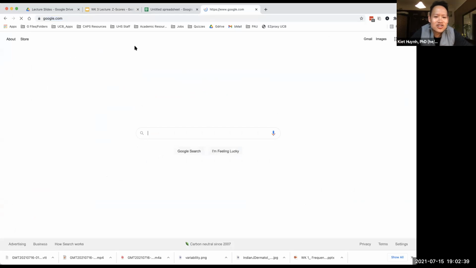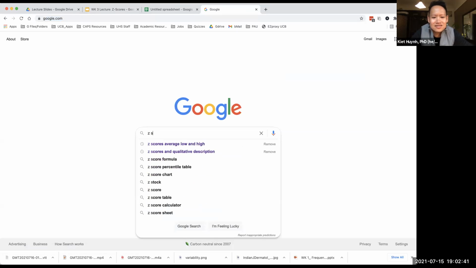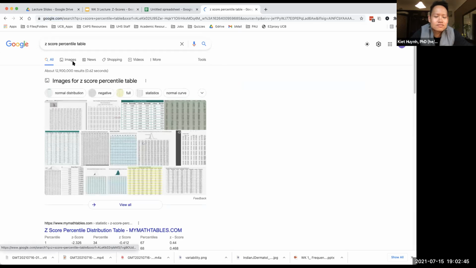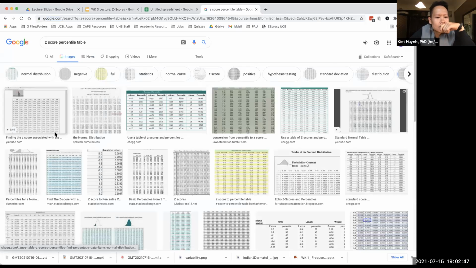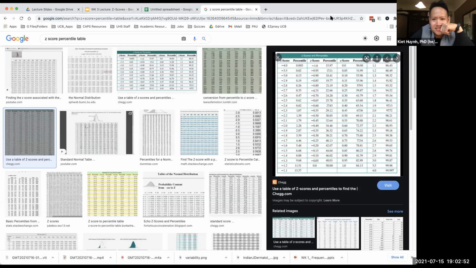They would have a chart like this: Z-score and percentile. They would say, okay, I have a Z-score of negative 2.8. What is the percentile rank? Oh, it's 2.6.